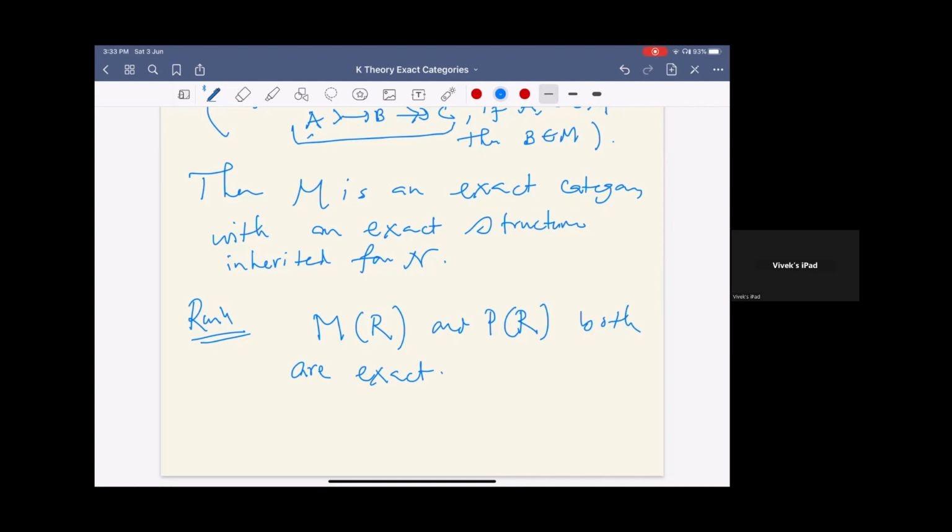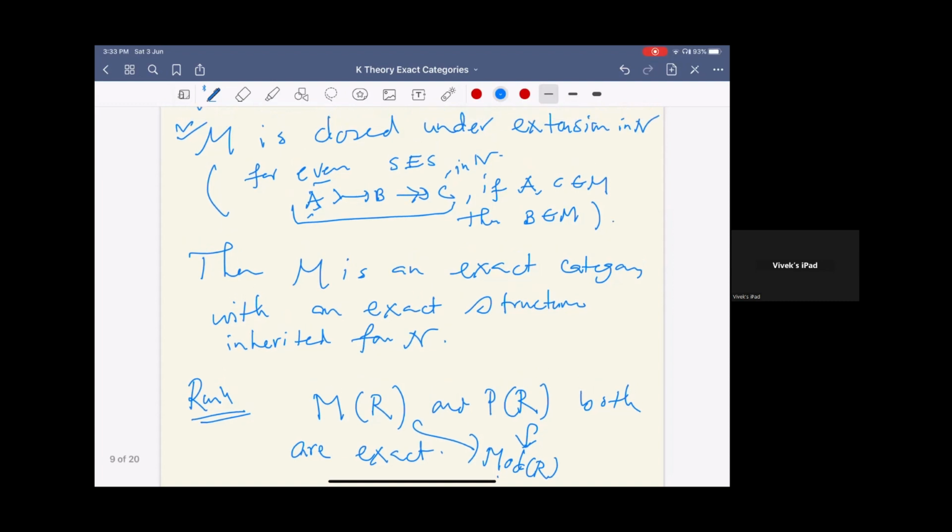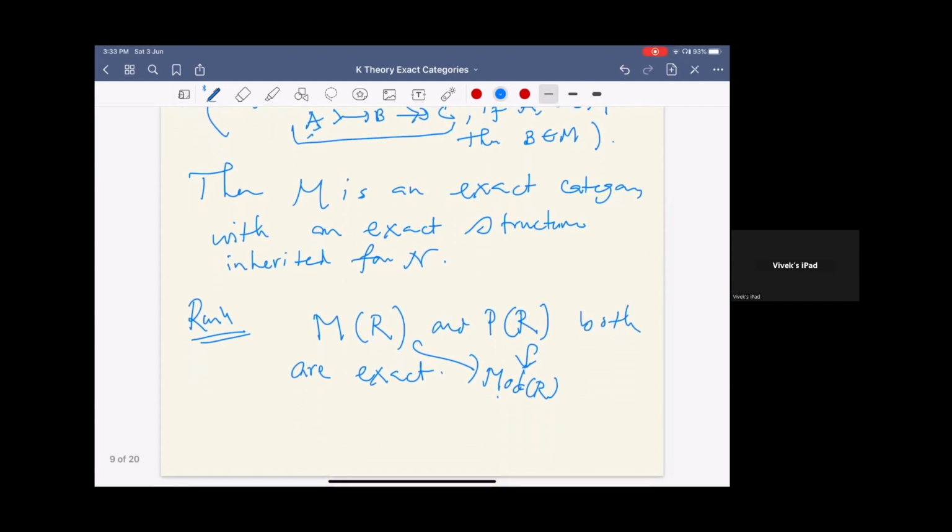Because both sit inside mod R, and mod R is an abelian category, and any abelian category is an exact category. So it's a subcategory of an exact category, and definitely closed under extension, because whenever you have a short exact sequence, if the first one and the last one are finitely generated, then the middle one has to be finitely generated. Similarly for projective. So mod R and proj R are both closed under extension in mod R.